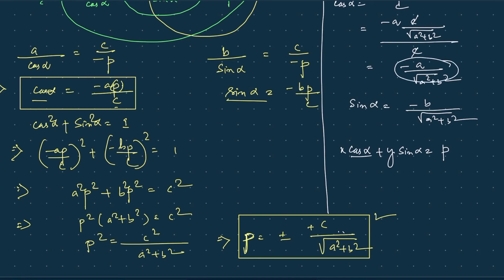So you replace cos alpha and sine alpha by these values, which gives minus a over the square root of a square plus b square times x minus b over the square root of a square plus b square times y is equal to p. And p is equal to c divided by the square root of a square plus b square. So taking the LCM on every side, it is going to be ax plus by plus c equal to 0.